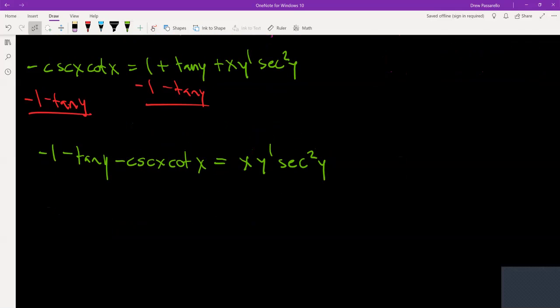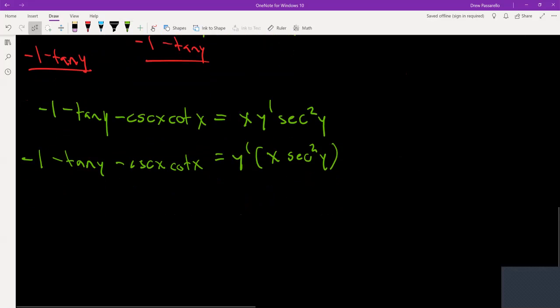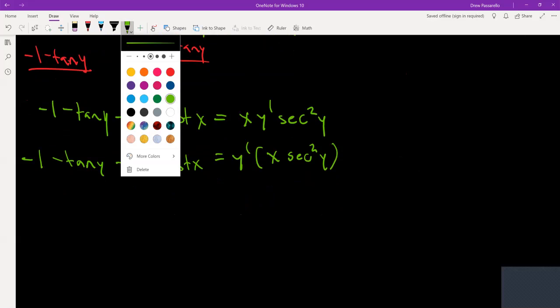For the right side, I'm just going to factor out y prime. And then that's going to give me x secant squared of y. And then the left side is still the same. To get the y prime by itself, I'm going to divide both sides by x secant squared of y.